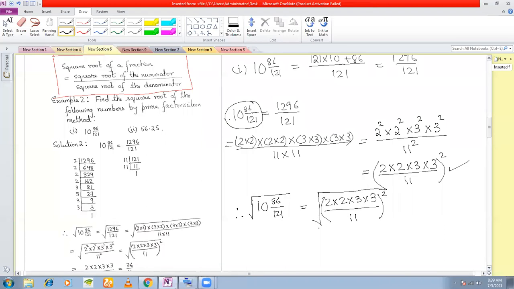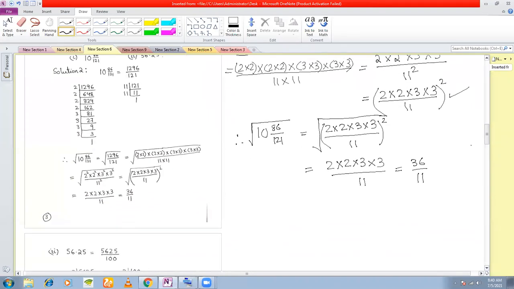Because you have a perfect square within a square root, you can remove the radical. You'll get 2 into 2 into 3 into 3 divided by 11. So this is how much? This should come out to be 36 divided by 11.